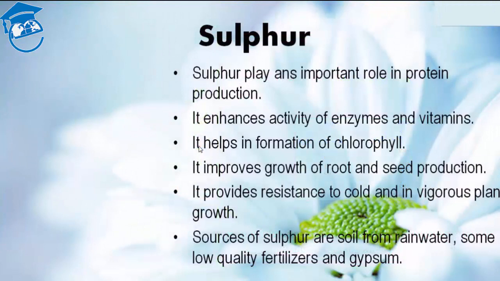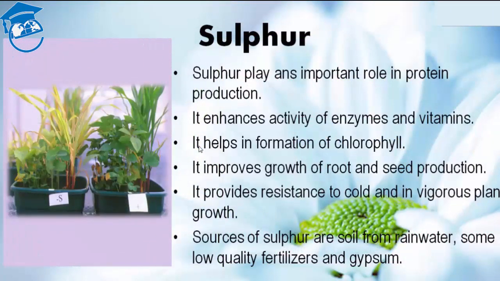Sulfur plays an important role in protein production. It also enhances the activity of enzymes and vitamins. It helps in the formation of chlorophyll, and it improves root growth and seed production. It provides resistance to cold and aids vigorous plant growth.